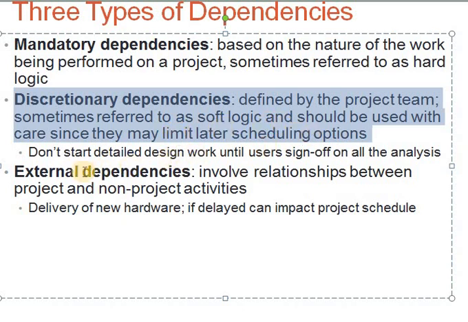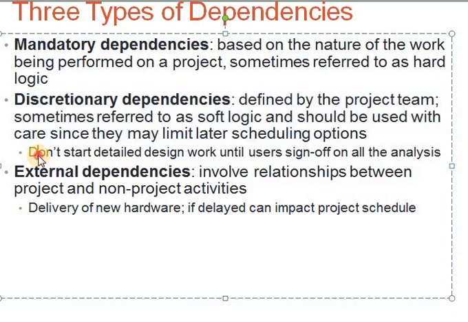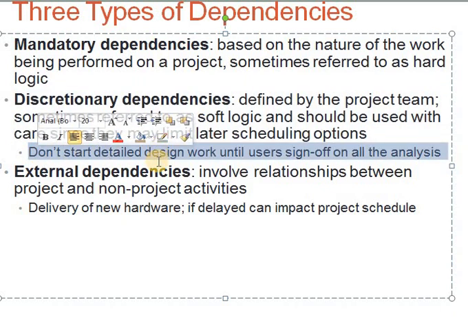For example, don't start detailed design work until the user signs off on all the analysis. So as we all know, first we have to complete the analysis phase and then we will work on the design phase. So there is a dependency. Until and unless you complete your analysis phase, you will not move towards your design phase.